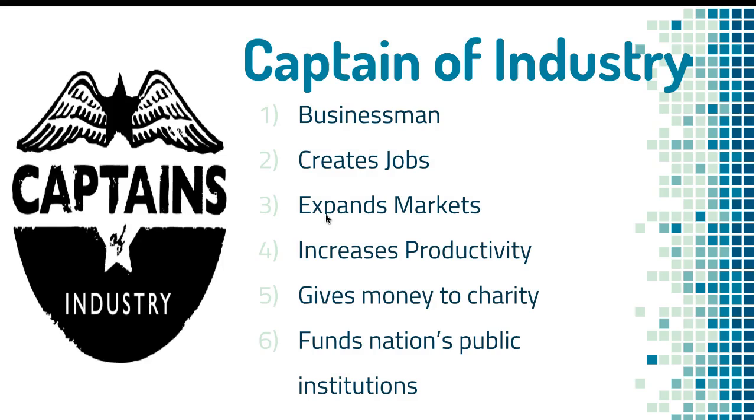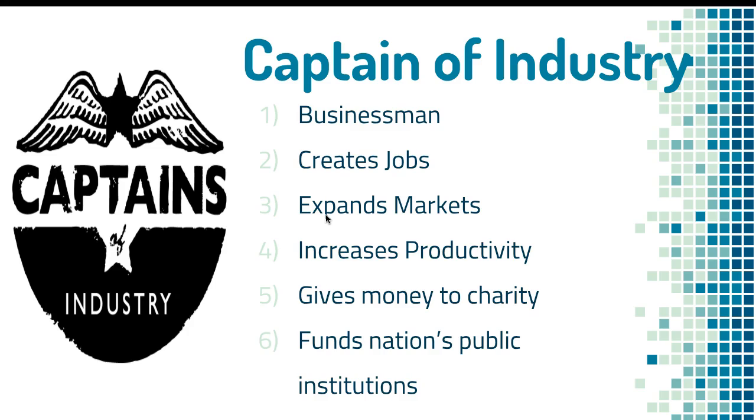Next, you have the captains of industry. These are businessmen as well, but they create jobs and they expand the market. So they make room for everybody. They increase their productivity, so they paid their workers fairly well, which in turn made them want to work. The big difference between a robber baron and a captain of industry, besides treating their workers fairly decently, is numbers 5 and 6.